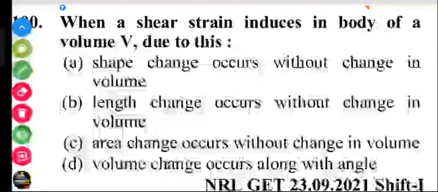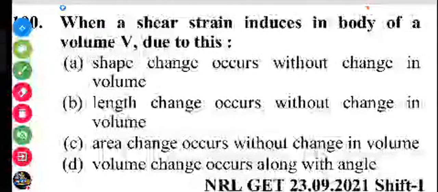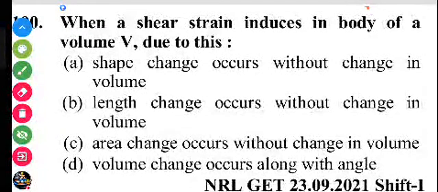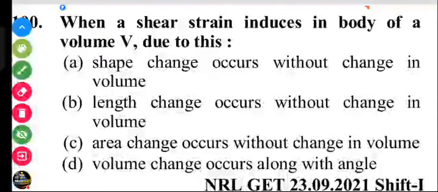A shear strain is induced in a body of volume V. Due to this, shape change occurs without change in volume, length change occurs without change in volume, area change occurs without change in volume, or volume change occurs along the angle.